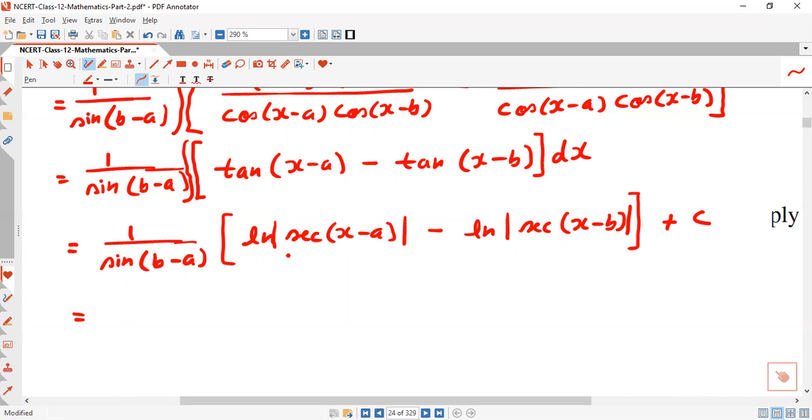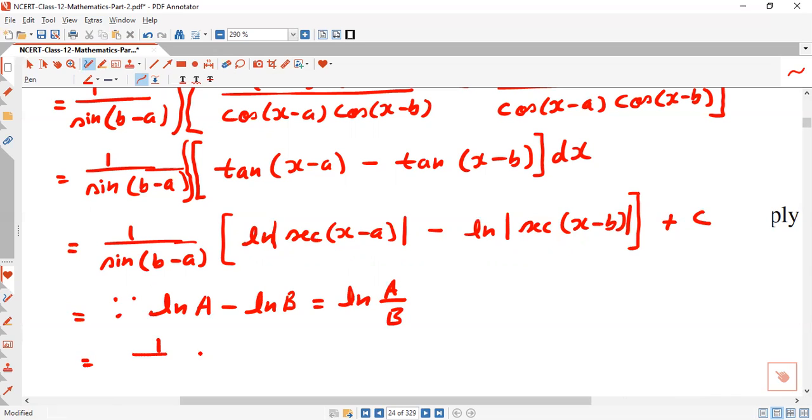So we are combining these log terms, since you know log a minus log b will be equal to log a upon b. So I am using this to combine these two terms.